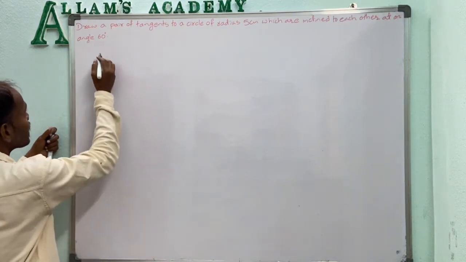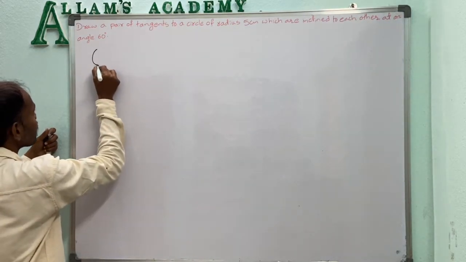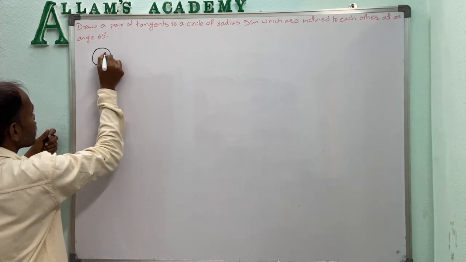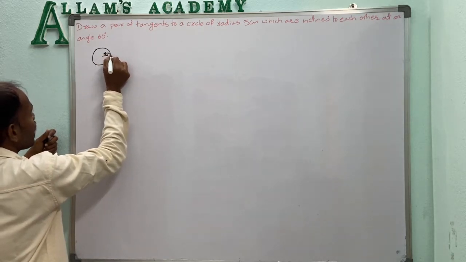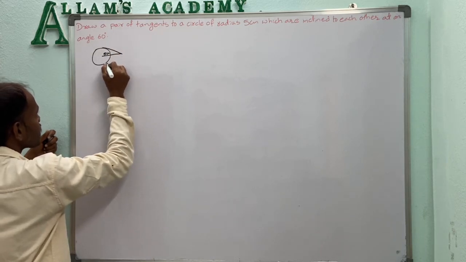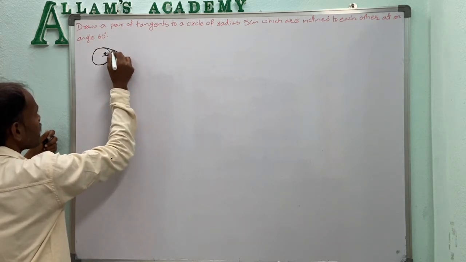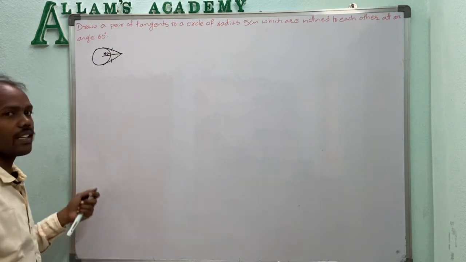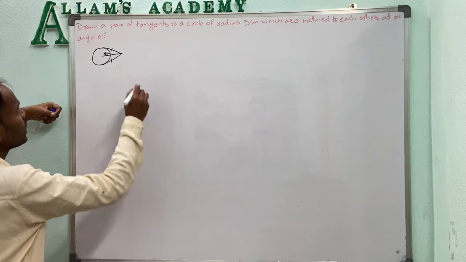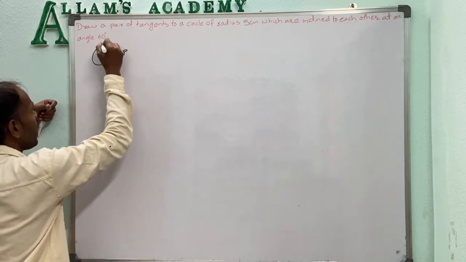If we draw a rough diagram, from an outer point we draw tangents, and those two tangents have equal length, which we already know.